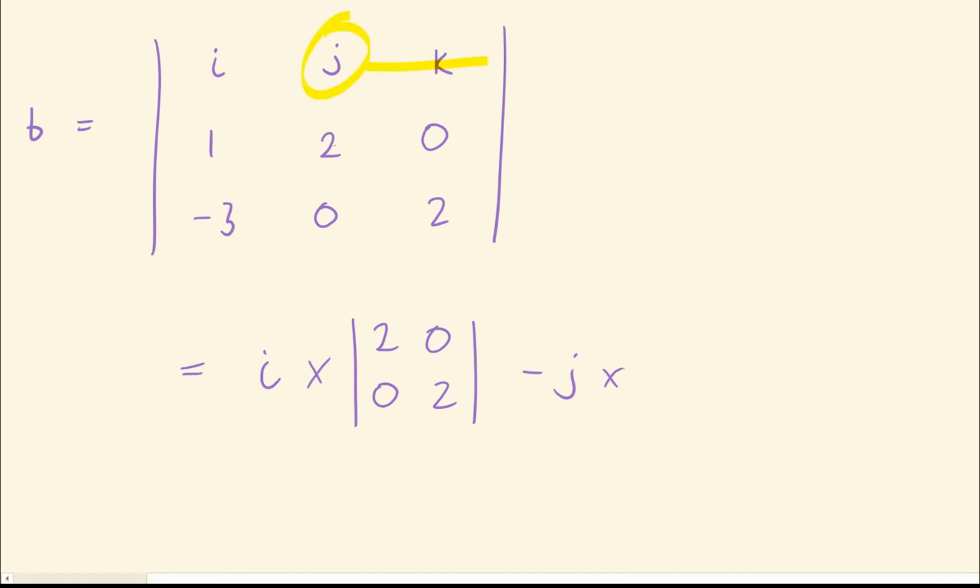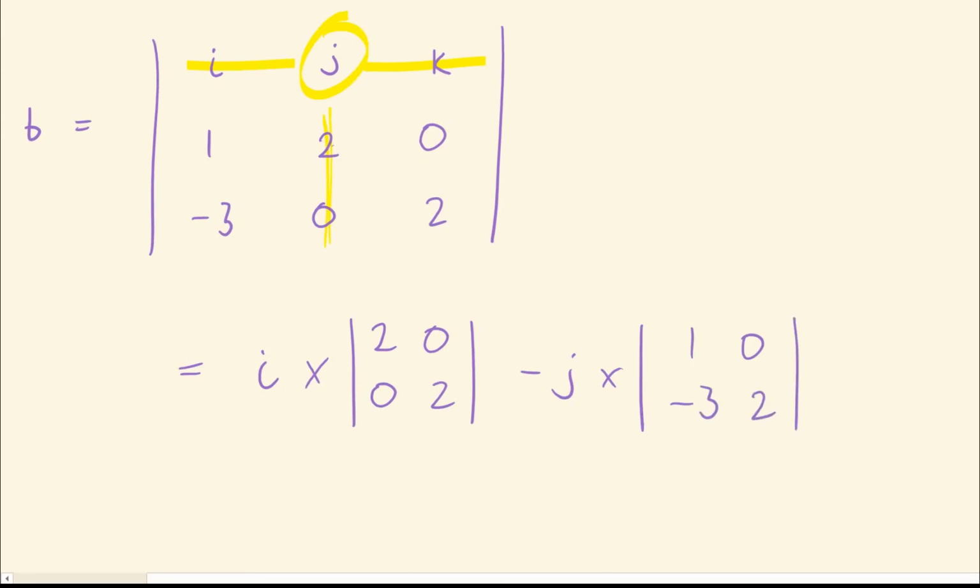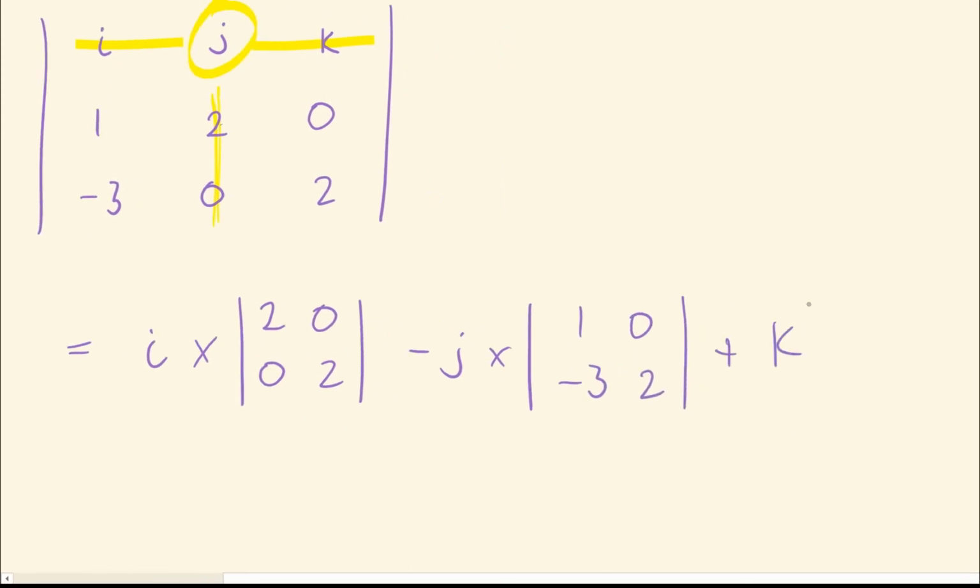So let's circle j, cross off the row and the column, and it's minus j times the determinant of the entries that are left. Then we're back to plus k. Do the same thing again, cross off, and we are left with 1, 2, minus 3, 0.